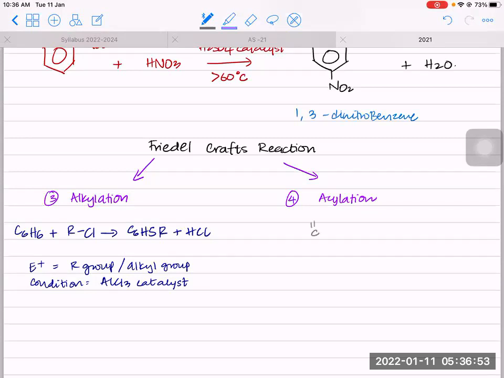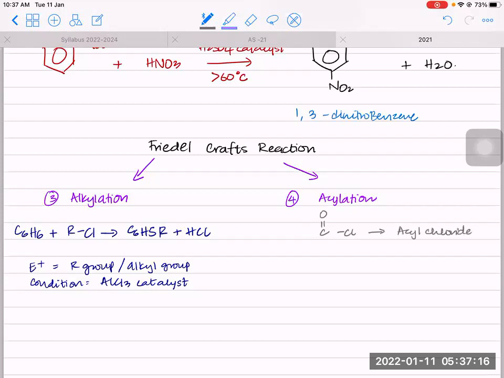Remember I told you from carboxylic acid, if you remove the OH, substitute it with a Cl, this will give you acyl chloride. Remember the reaction of carboxylic acid with PCl5, SOCl2. This right here is the acyl chloride or the acyl group.